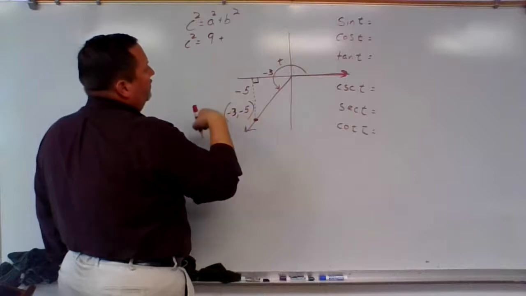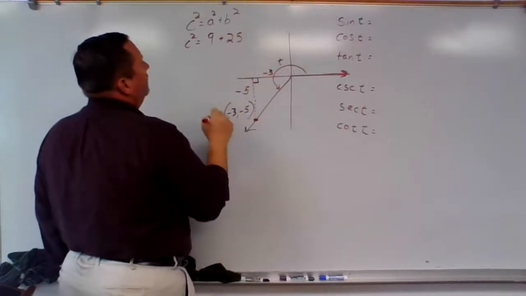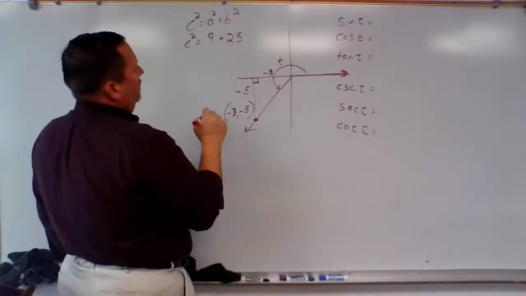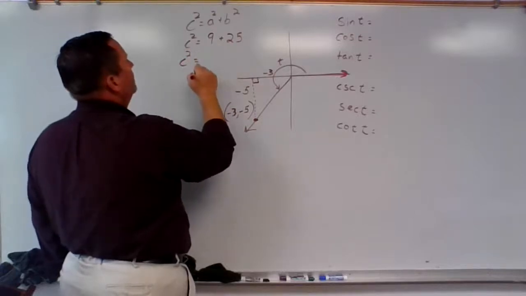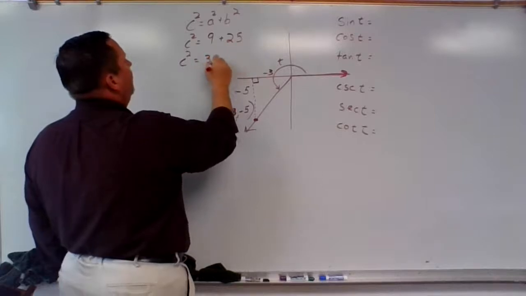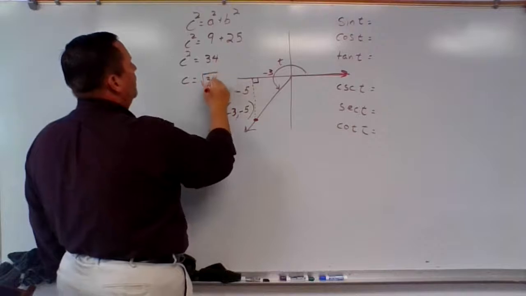This is negative 5. When I square it, it becomes 25. And so c squared equals 9 plus 25, which is 34. c equals square root 34.